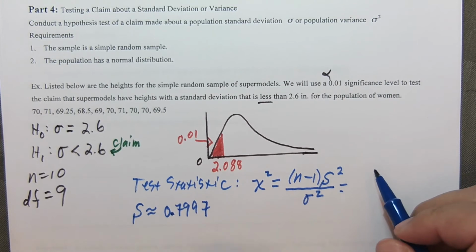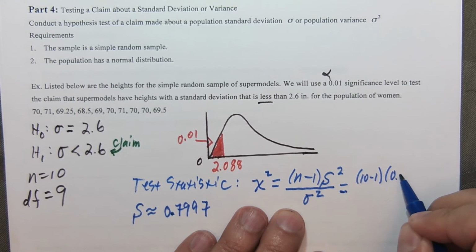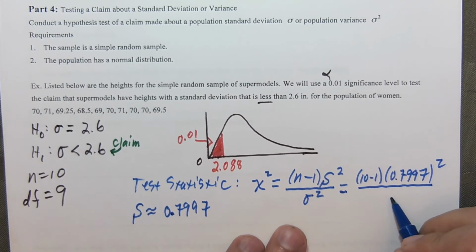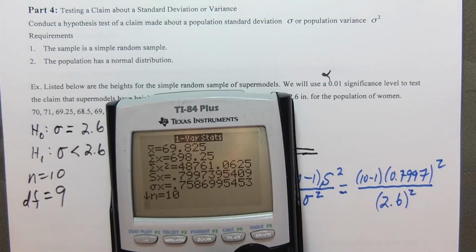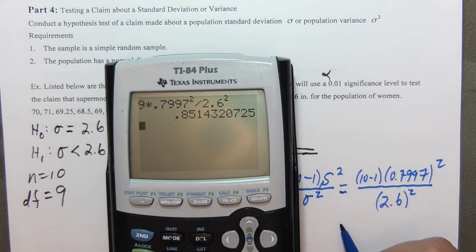Plugging that in here, I'm going to have 10 minus 1 times 0.7997 squared over 2.6 squared. So this is going to give me 9 times 0.7997 squared divided by 2.6 squared, giving me a test statistic of about 0.85.